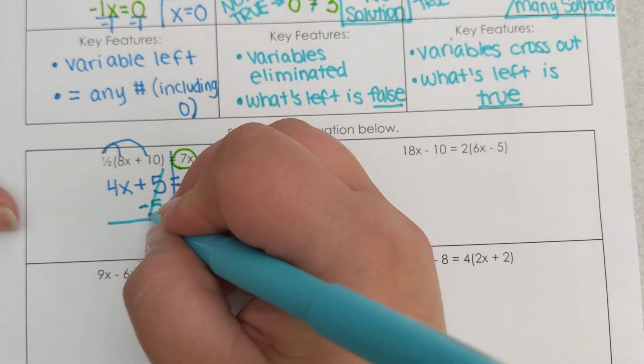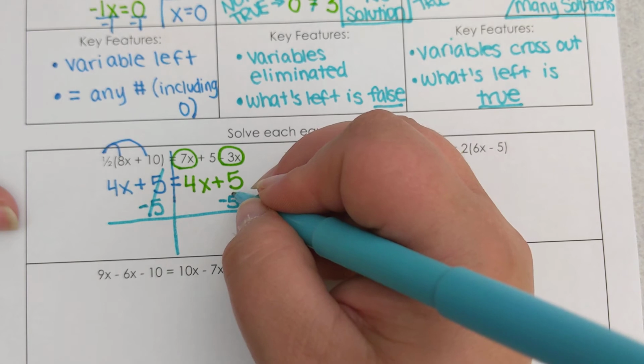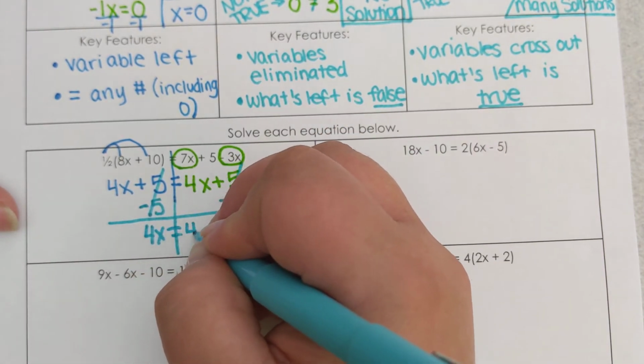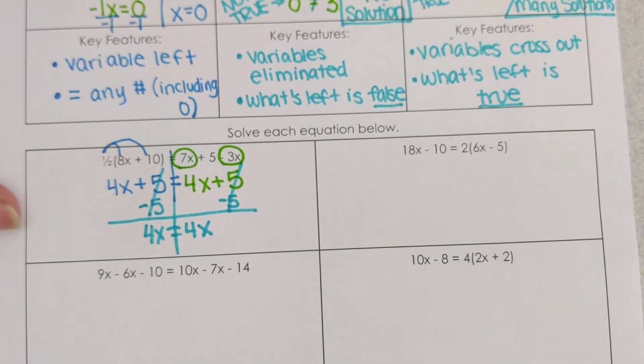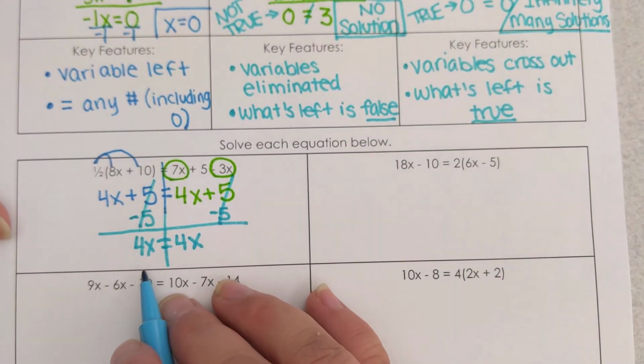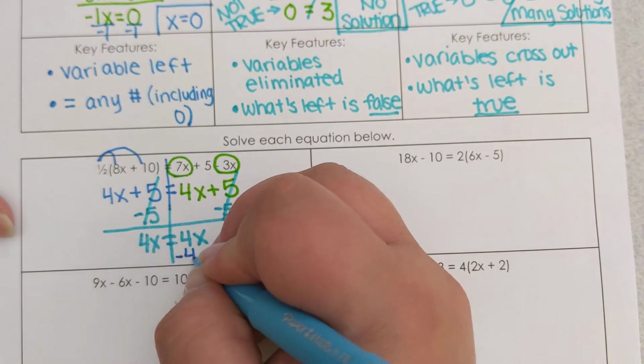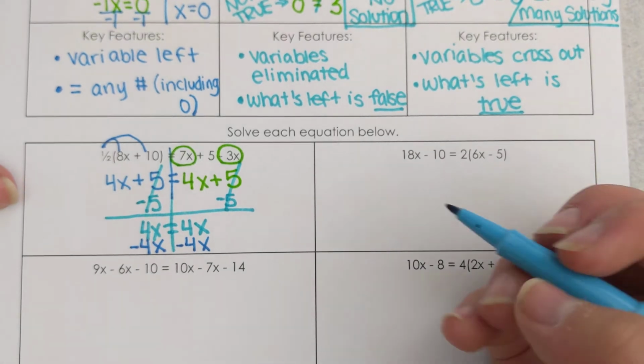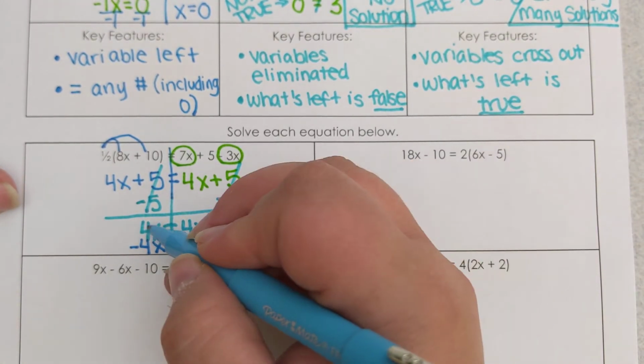And I have, boom. Wait, it happens over here too. So I have 4x equals 4x. Now, some of you are going to be like, oh, that's the same thing on both sides. We're about to subtract them and they'll both go away. And you're right, I'm going to go ahead and do that step. They both cross out.